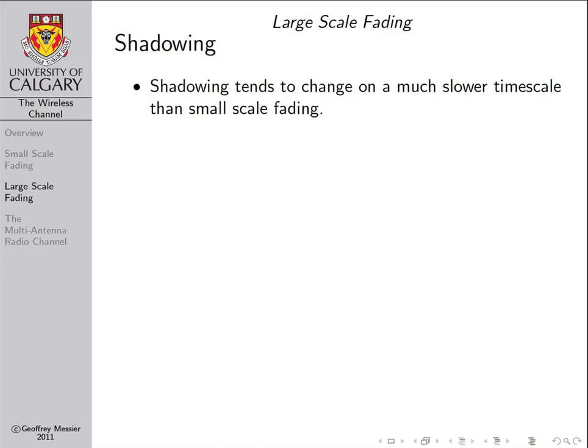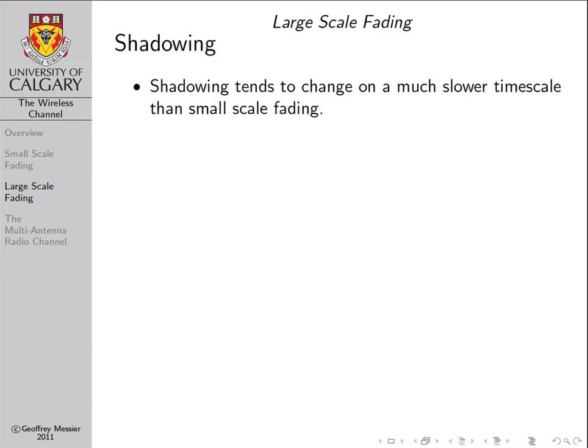So it makes sense that the distance scale over which we experience different small scale fading values should be on the order of the wavelength of the wireless signal, because it's the interference of these waves that is causing the small scale fading variation. Now, remember, shadowing represents random variation in received power due to large objects coming between the transmitter and the receiver.